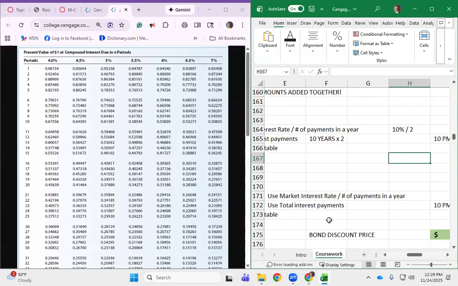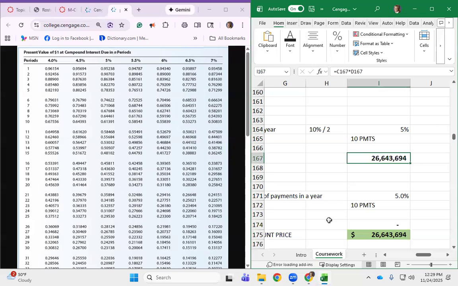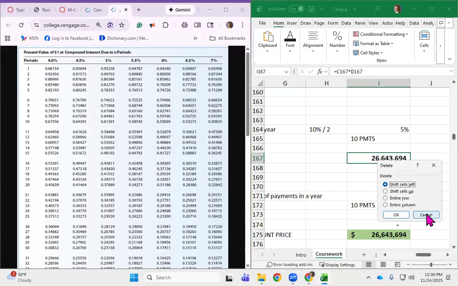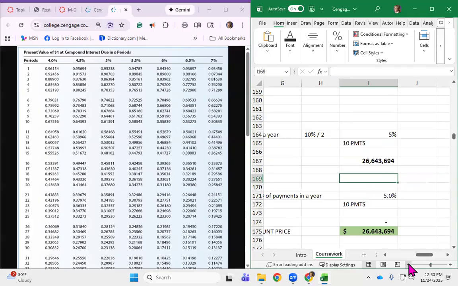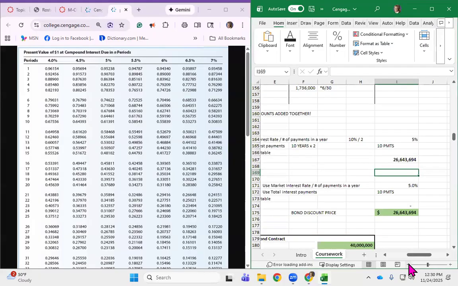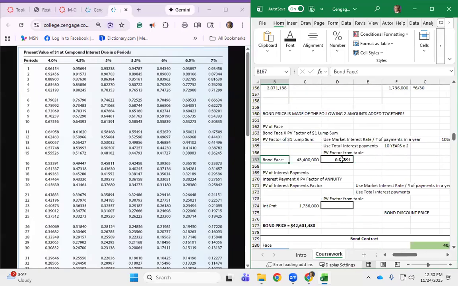So then we're going to take our face times that factor, and we're going to get a number. So when I do the face of mine, 43,400,000 times the factor I found, at 5% for 10 payments.